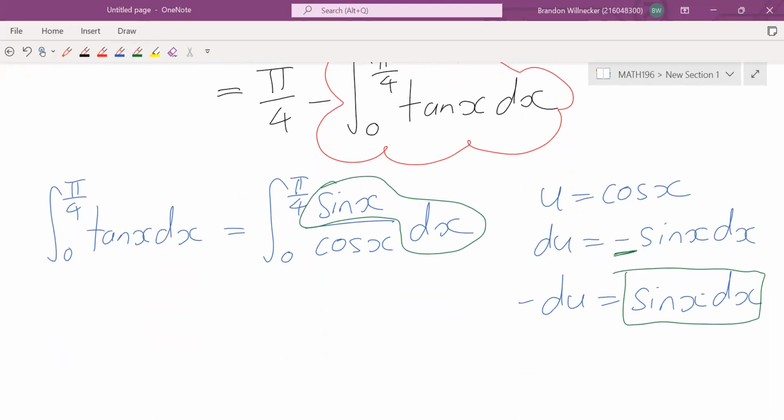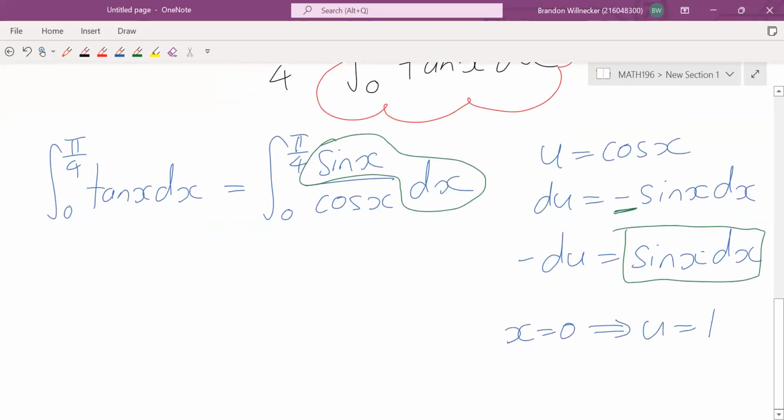But we also need to change the bounds. If x is equal to 0, then u is equal to cos of 0, so u is equal to 1. If x is equal to pi over 4, then u is going to be cos of pi over 4, so that's going to be 1 over root 2.